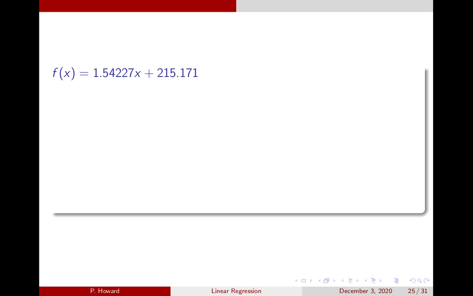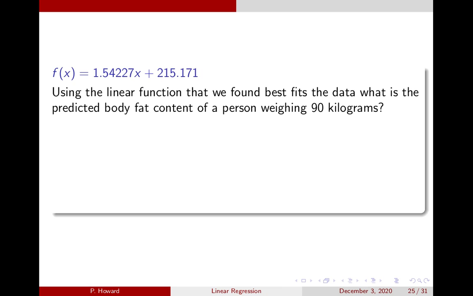Okay, so here on the next slide, I have the function listed at the top, so it's available for us to use. And what I would like to do is, using this linear function, the one that best fits the data, I want to know what is the predicted body fat content of a person weighing 90 kilograms.